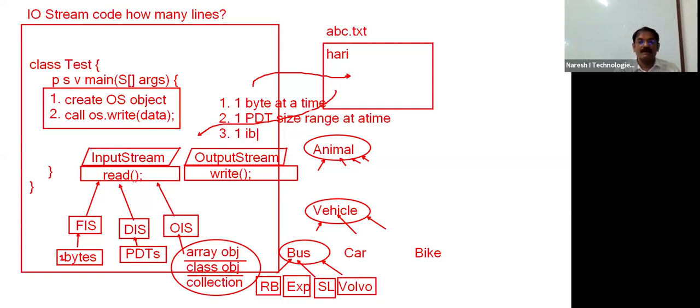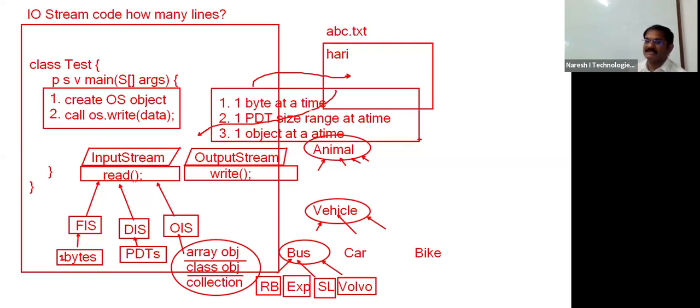Third, one object at a time. What are the three options? One byte at a time, one primitive data size range at a time, and one object at a time. Which object? Maybe an array object, a class object, or a collection object. Any of the three objects.